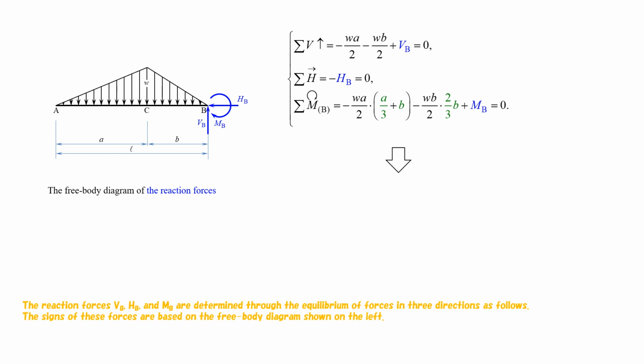The reaction forces, VB, HB, and MB, are determined through the equilibrium of forces in three directions as follows. The signs of these forces are based on the free body diagram shown on the left.